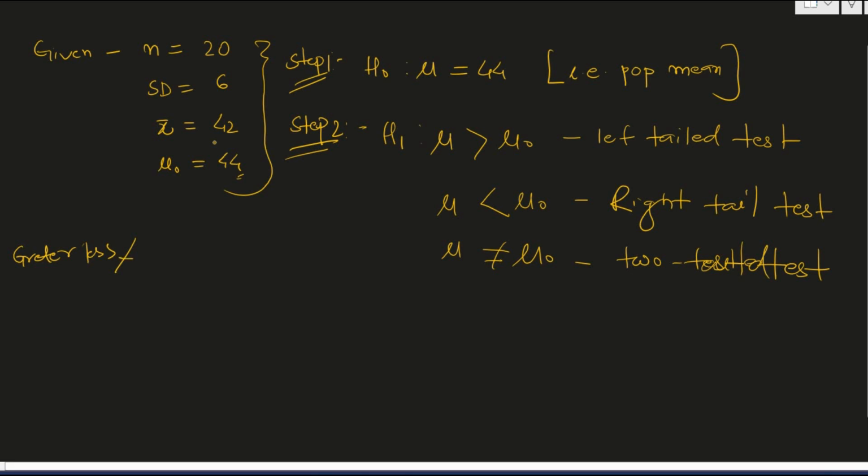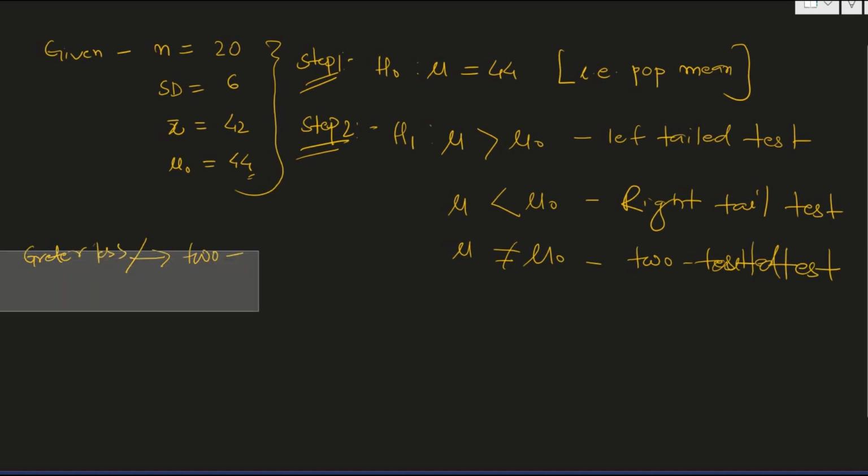If these keywords are not given, it is going to be a two tail test. We have to identify the direction.